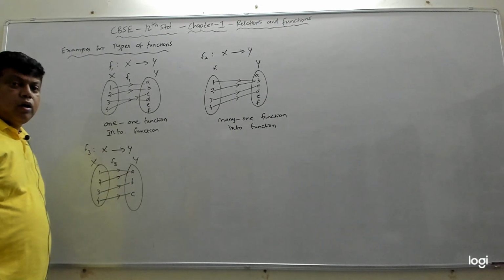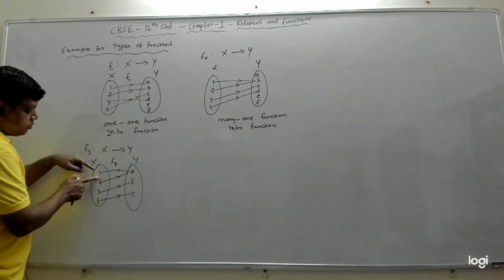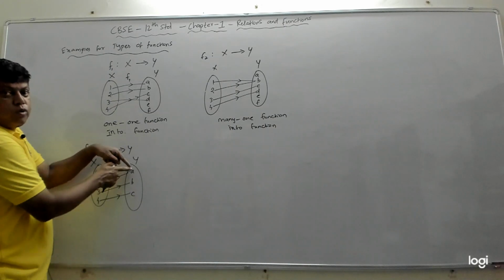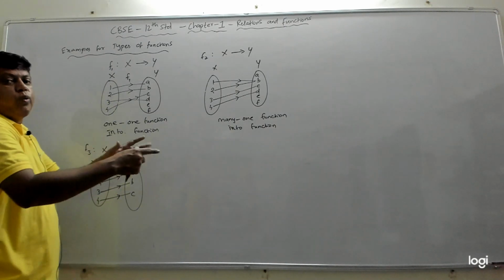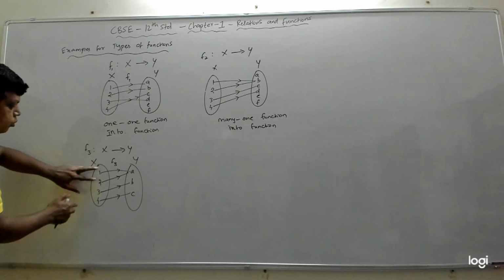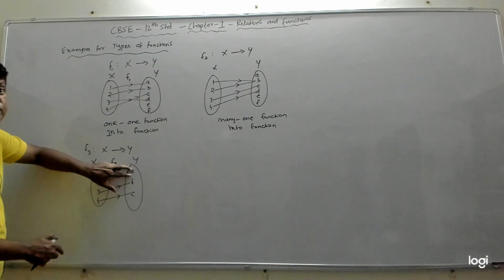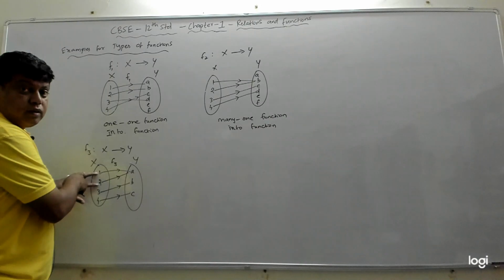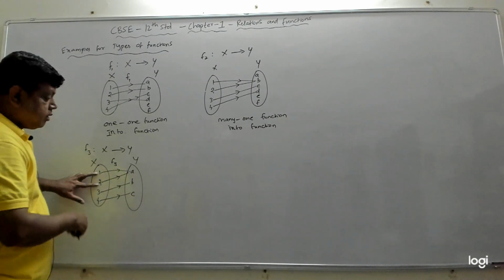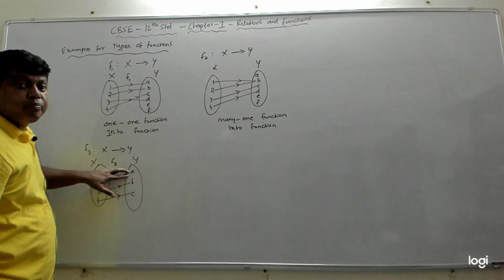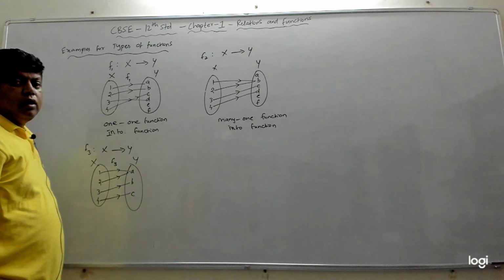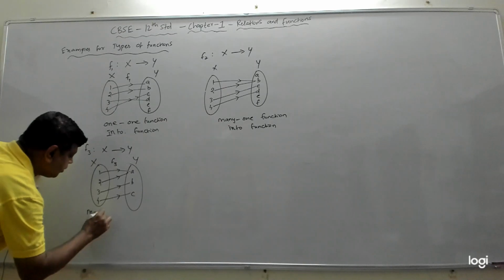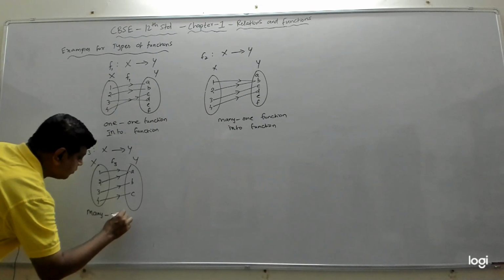It is a many-to-one function, because many elements are going to one element. That's why it's called many-to-one. When two different elements in the set X, which is the domain of the function, have the same image, then it is not a one-to-one function.